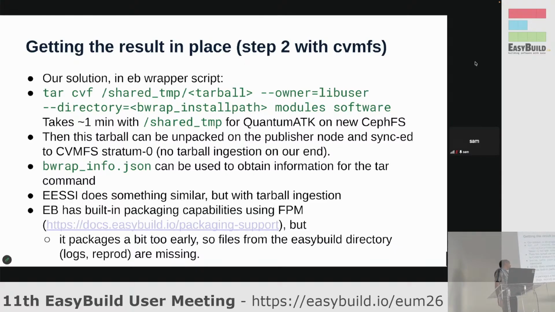That looks to me a little bit bit-rotted, and the problem is that it does the packaging a bit too early because it misses the easybuild directory and the reprod files, which I actually like to have, and they're just not there. So maybe if I have time, I can revive the packaging support a bit.